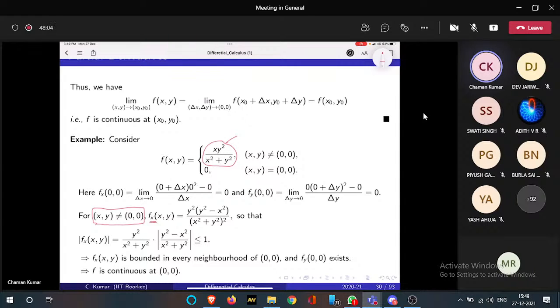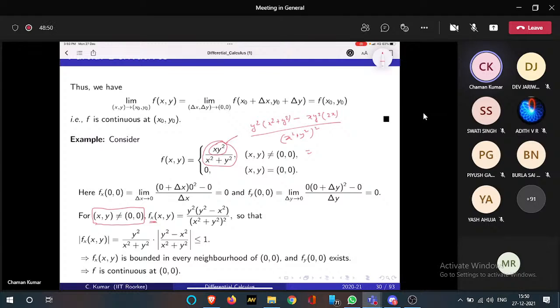The derivative of the numerator with respect to x gives y square times (x square plus y square) minus x y square times 2x, over (x square plus y square) whole square.